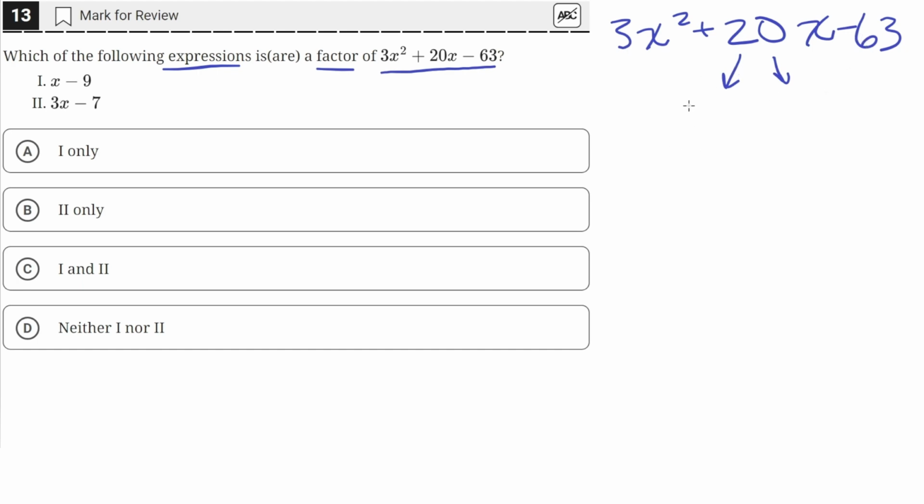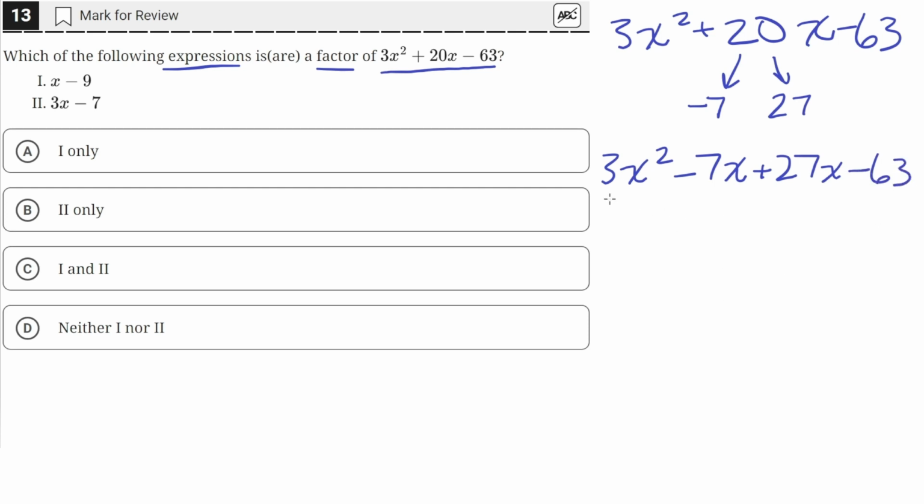And in this case, those two terms are negative 7 and 27, because negative 7 times 27 is equal to 3 times negative 63. But negative 7 plus 27 gives us back the 20x. So we're just going to split the 20x into negative 7x plus 27x minus 63.